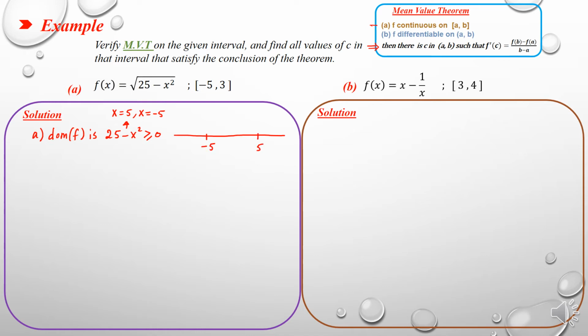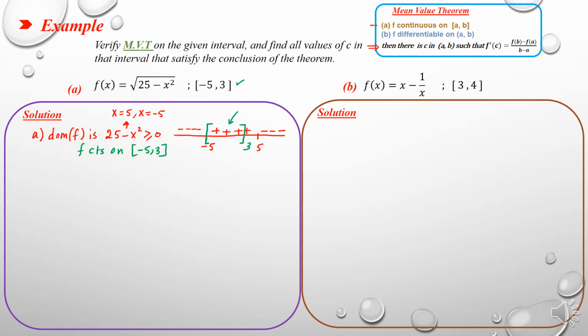Between the roots, we have a different sign from the coefficient of x squared, so it will be positive, and outside the roots it will be negative. So our interval is from negative 5 to 3, and in this interval the function 25 minus x squared is positive. So f is continuous on negative 5 to 3.